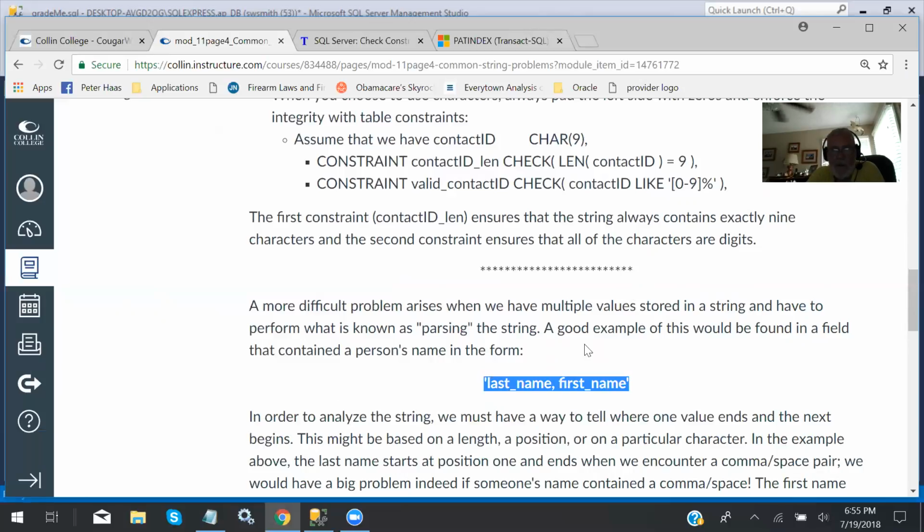So I would first go through the data and look for any non-conforming data. Do I have a comma and a space? Do I have at least one letter before the comma and the space? In other words, we begin searching at position 2. I'm looking for a comma and a space and at least one letter after it.